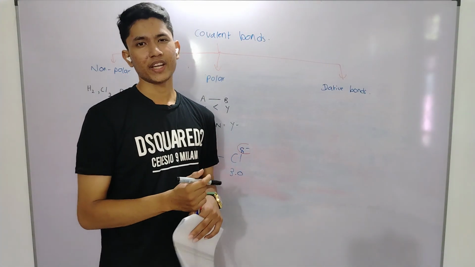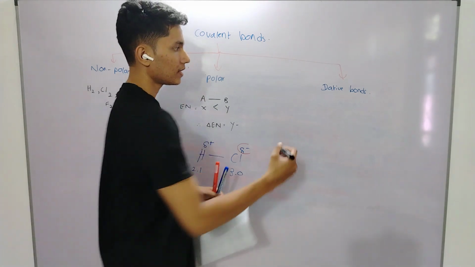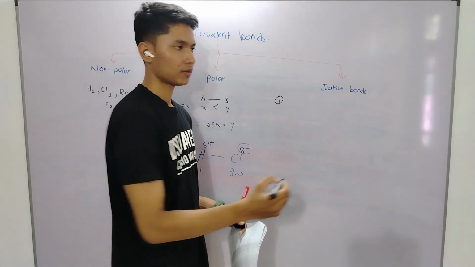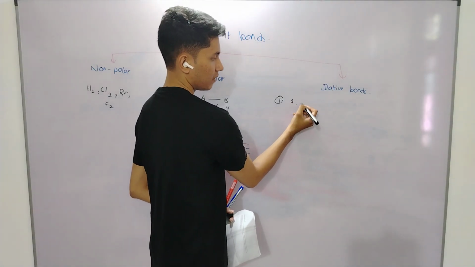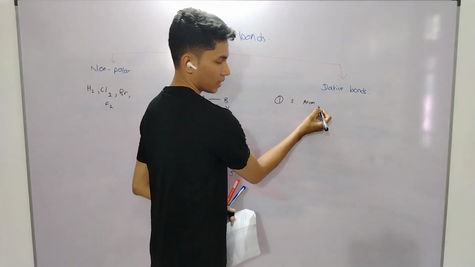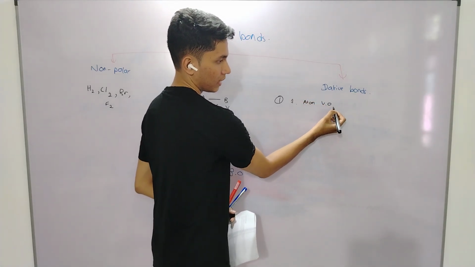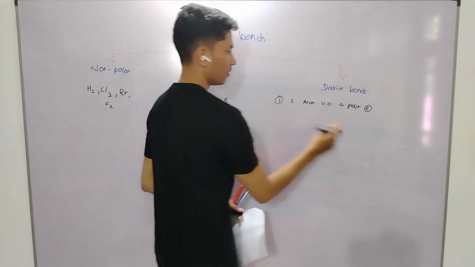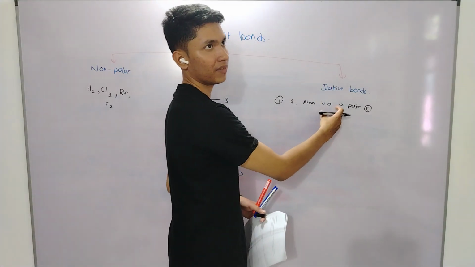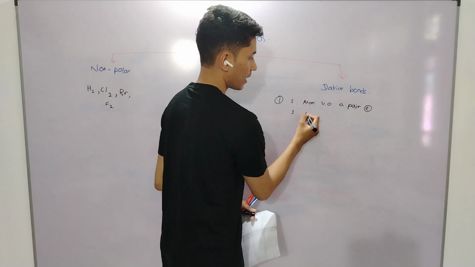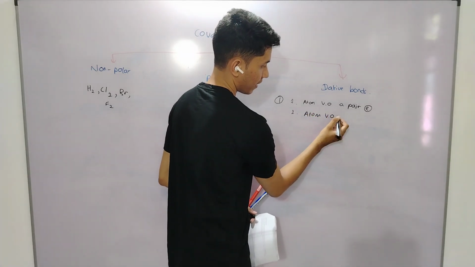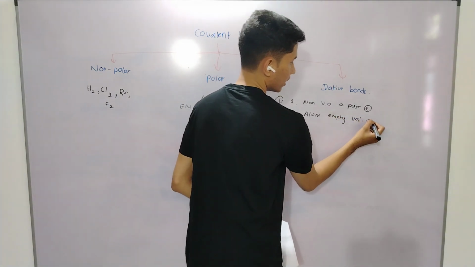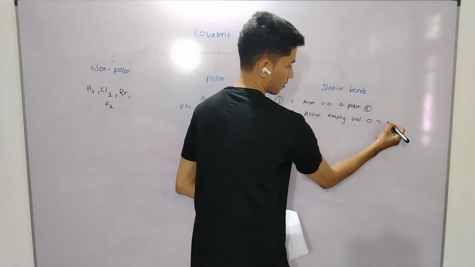Now this is the dative bond. First, I'm going to discuss the requirements to form a dative bond. The first requirement is an atom with a valence orbital having a pair of electrons, and another atom having a valence orbital with no electrons.